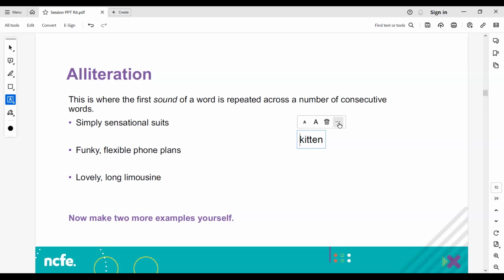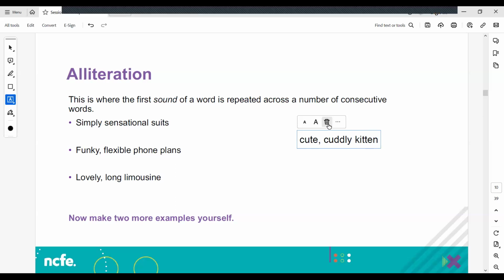So either a C or a K. Cat. Well, it could be cat or kitten, but that's a noun. So I need some adjectives, some describing words. Cute, brilliant. So cute, and let's have another one. Cuddly. Excellent, cuddly. Good. So cute, cuddly kitten. Okay. So does that make sense? Yeah? Okay, good. Well done.